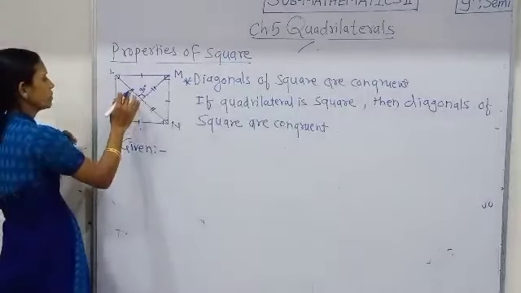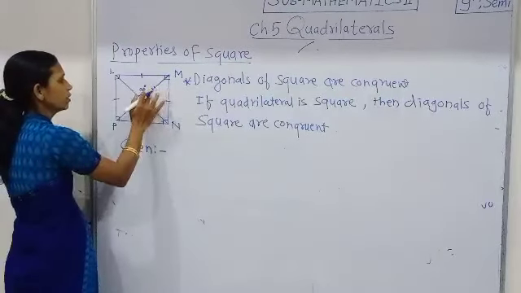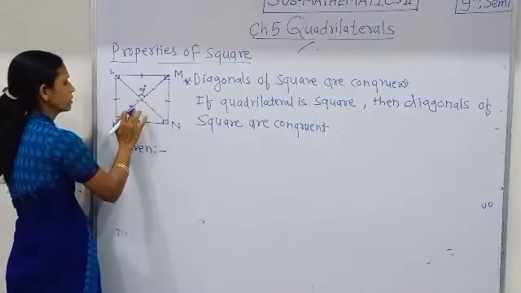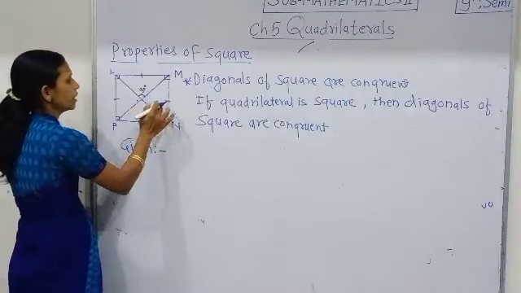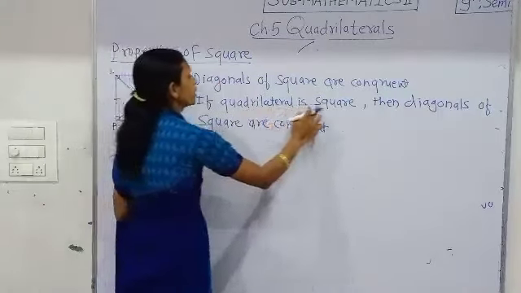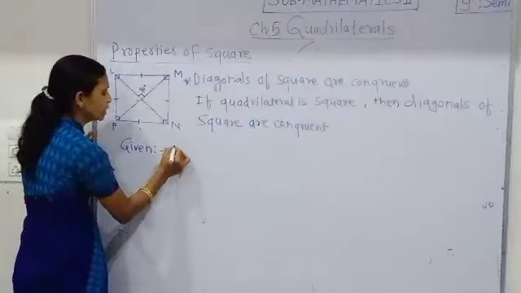Then we have to write the given first. Here, first of all, we write the given properties using the statement. Therefore, if the quadrilateral is a square, that is the given.